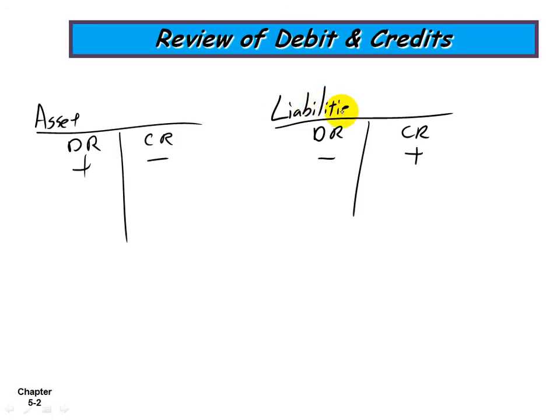So their rule is to increase with credits. And when you pay off or reduce the liability, that reduction amount is recorded on the debit side of the liabilities T account. Another type of account that's recorded with debits and reduced with credits are expenses.